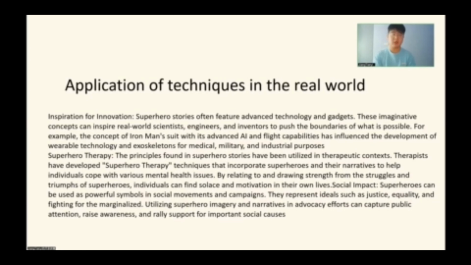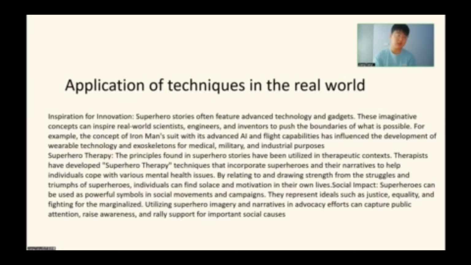For example, the concept of Iron Man suits with their advanced AI and flight capabilities has influenced the development of wearable technology and exoskeletons for medical, military, and industry purposes.